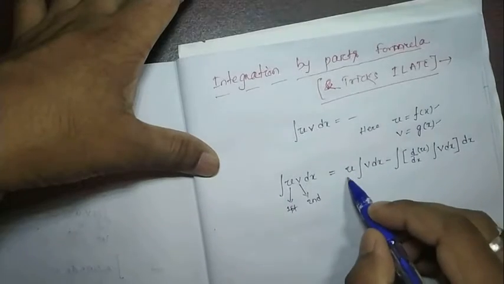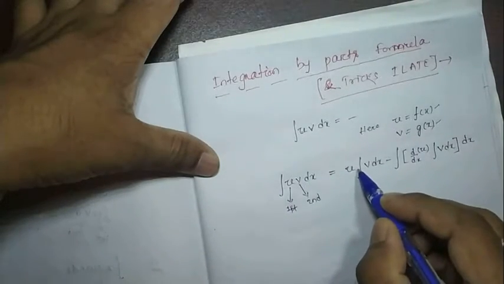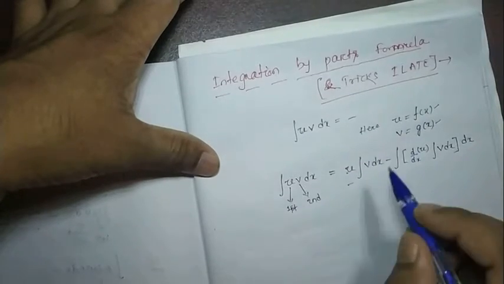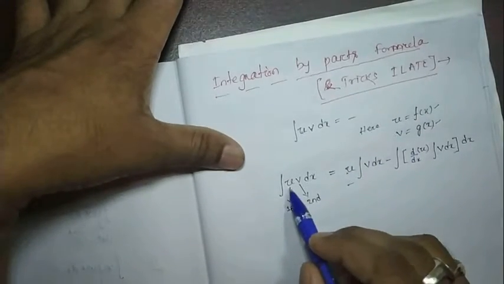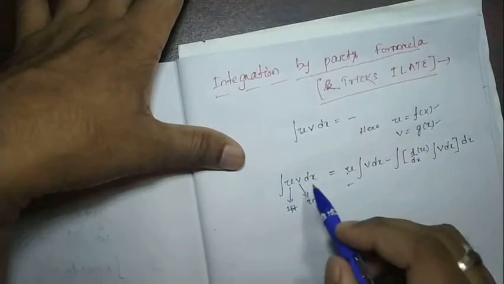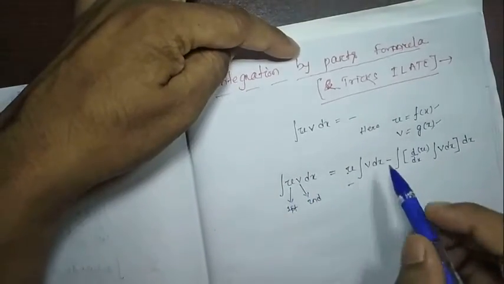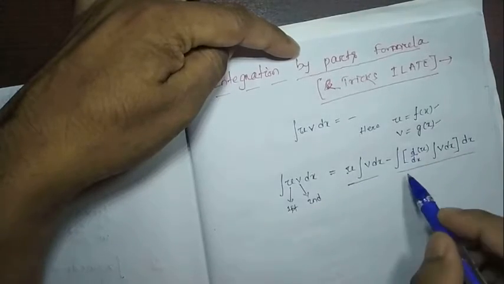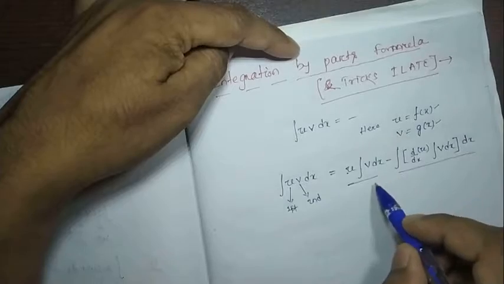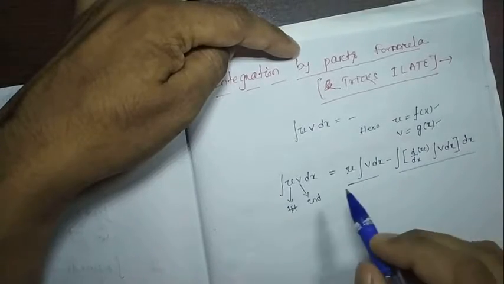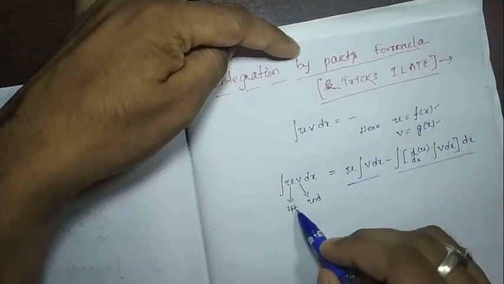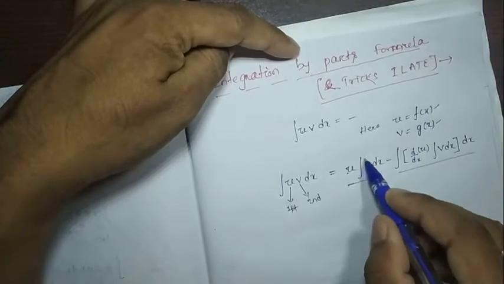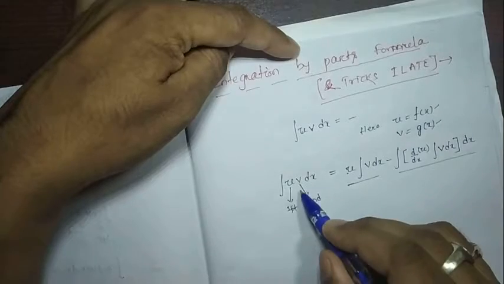That means the first function is taken out of the integration in the first term. Here the formula of the integral of u v dx by parts has two parts. In the first part, we take out the first function from the integration and we integrate the second function, that is v.